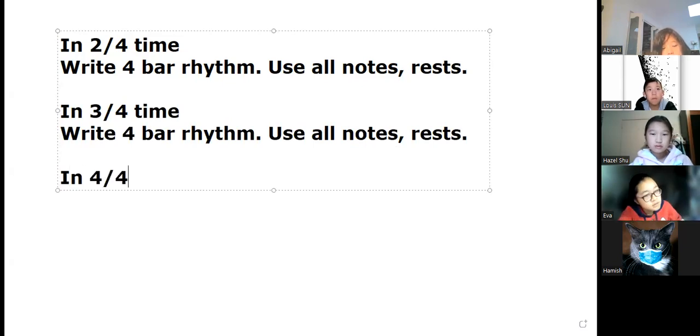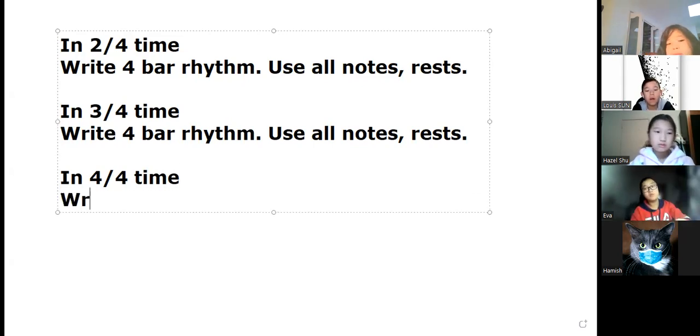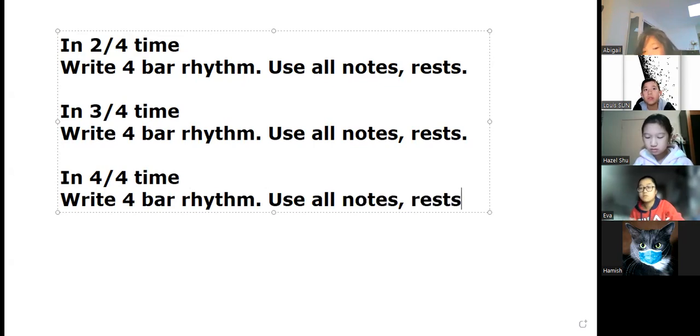In 4/4 time. So you don't actually have to pull out your stave paper for this. You can just write it on a blank sheet of paper, since I'm not really worried about the pitch of the notes. I'm just worried about the rhythm. In 4/4 time, write a 4-bar rhythm using all notes, rests.